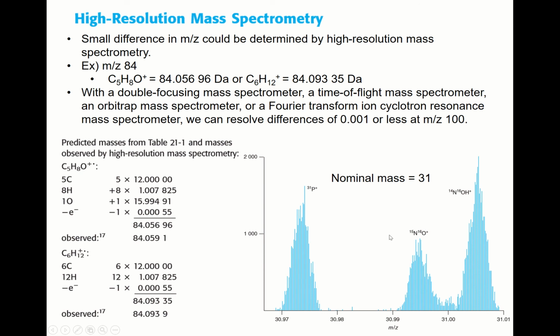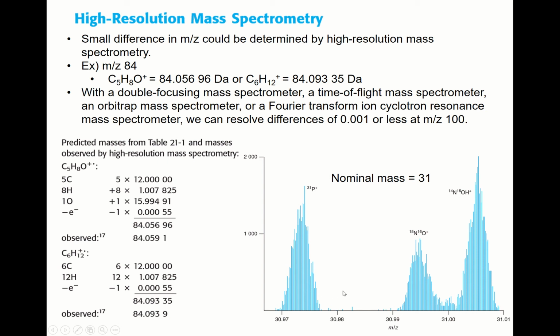And look at this one. This is a different one. This spectrum was obtained with a high resolution mass spectrometer, and the nominal mass is 31. Look at that. On this x-axis, 31 is here. And this one, the left-hand one in the spectrum, is 30.97. It's almost identical to 31. The mass difference is only 0.03.